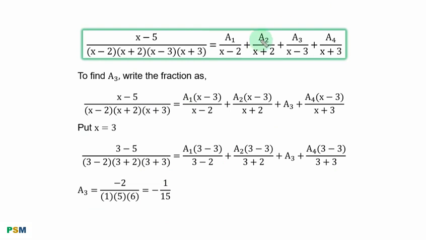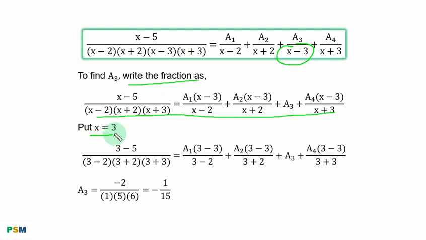To find A3, write the fraction above as this. You simply use the linear factor under A3 to multiply through. We have to make A1, A2, A4 to be 0, and that is possible if you put s equal to 3.